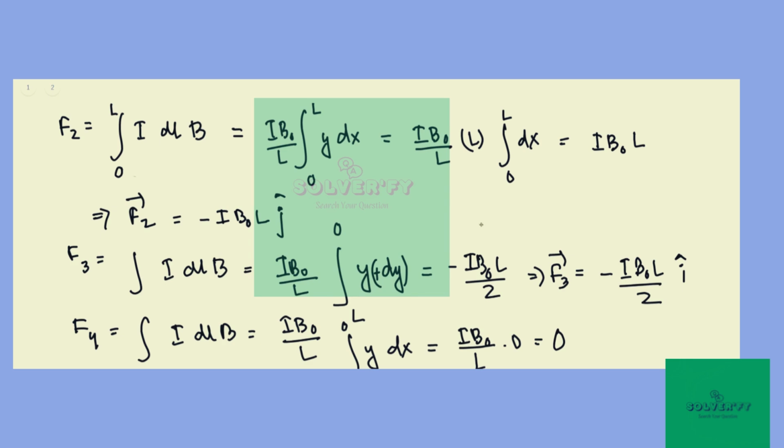Next, the net force is going to be a vector sum of all the forces. Let's do it in the next page. So F net is equal to F1 plus F2 plus F3 plus F4.